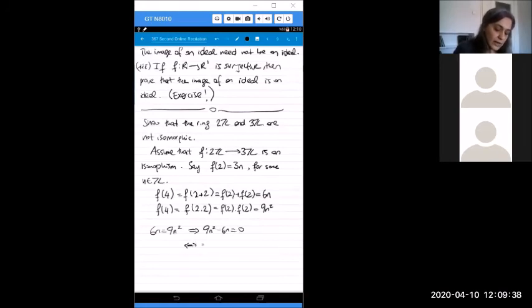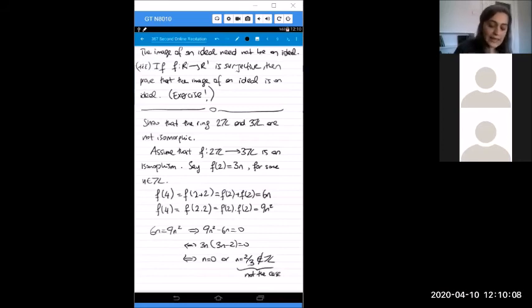This is if and only if 3n times (3n minus 2) is equal to 0. And from here, this is if and only if n is equal to 0 or n is equal to 2/3. 2/3 is not possible because n is an integer. This is not in Z, so this cannot be the case.